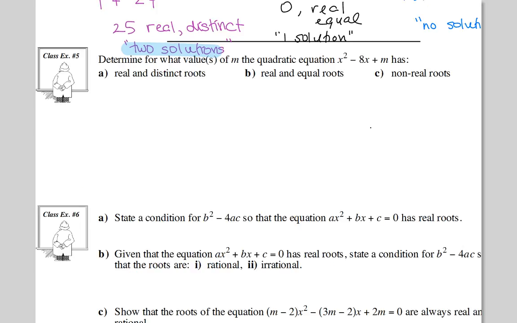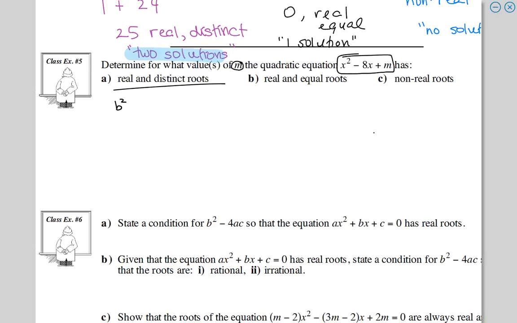All right, so it says determine for what values of m would this quadratic equation have real and distinct roots. So what does the discriminant have to be to have real and distinct roots? Has to be positive. So you'd write this: b squared minus 4ac has to be positive. What if you wanted real and equal roots?